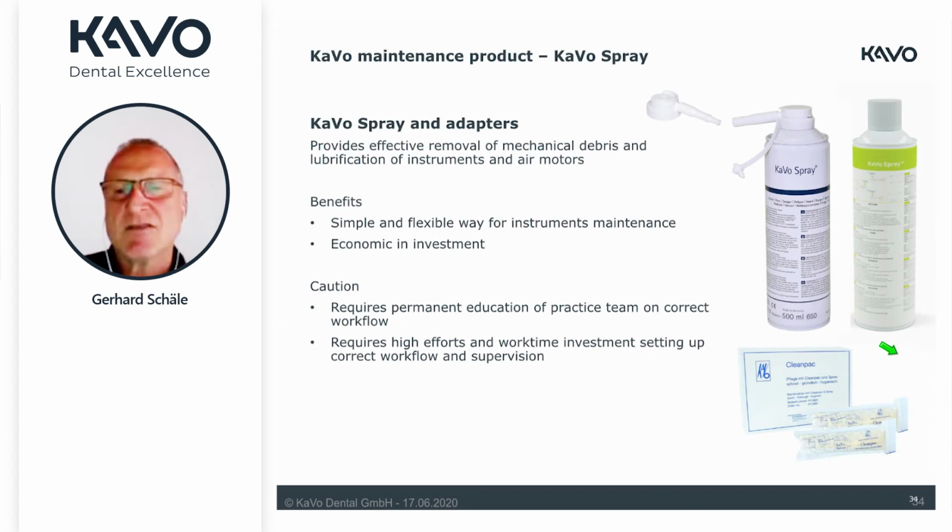We will have here different spray nozzles. The one for the intra motor-driven instruments, as well as for the heads which will be stuck into the inside, and the second nozzle which will be used for the multiflex turbines.